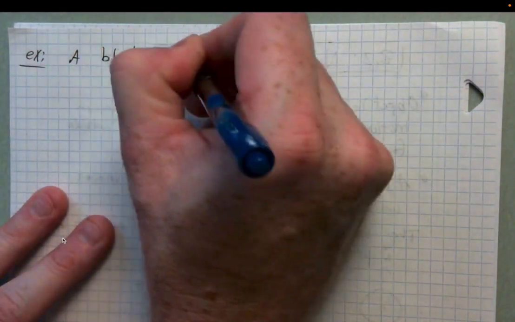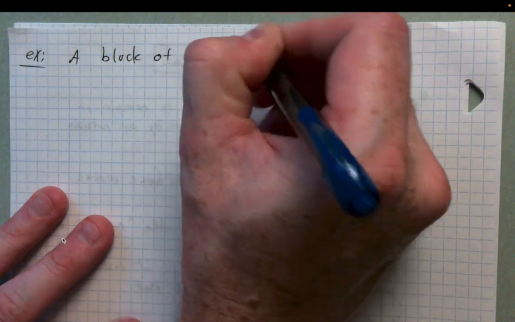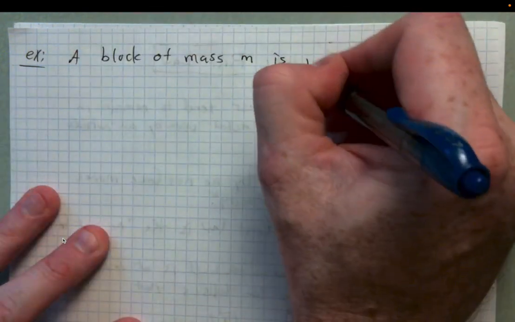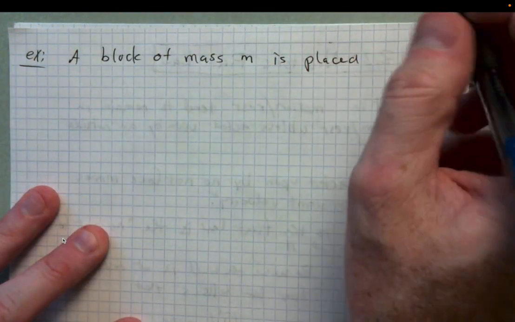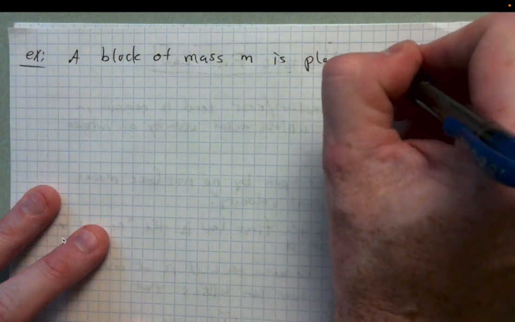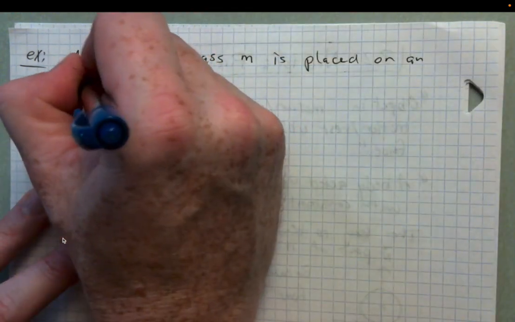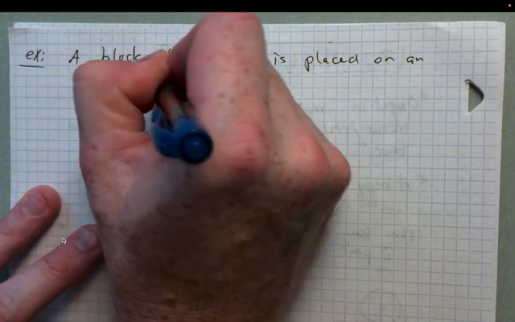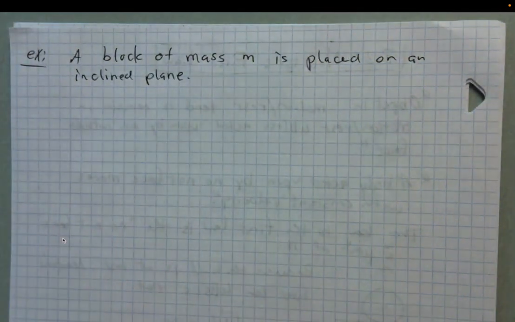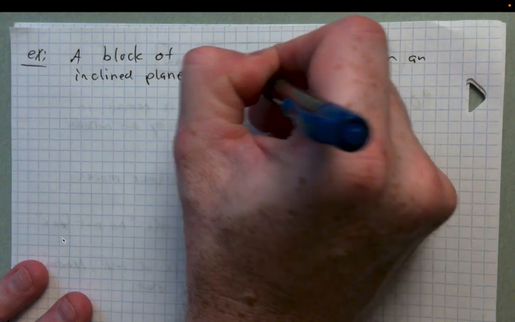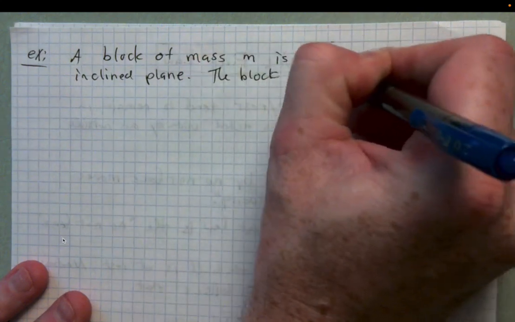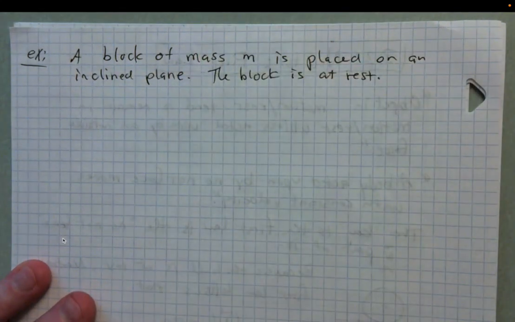A block of mass m is placed on an inclined plane. The block is at rest.